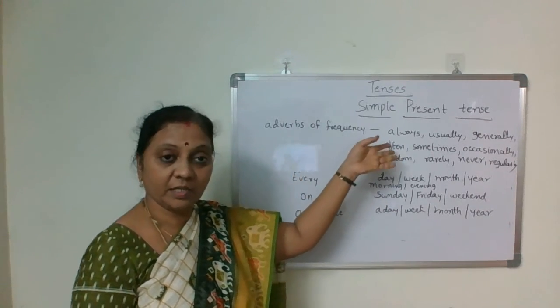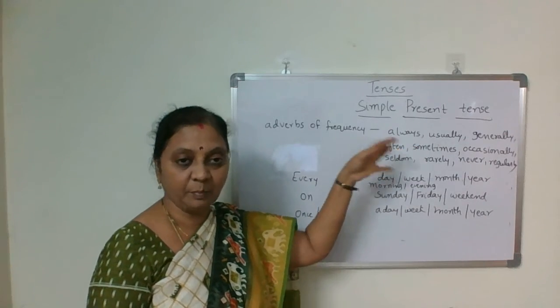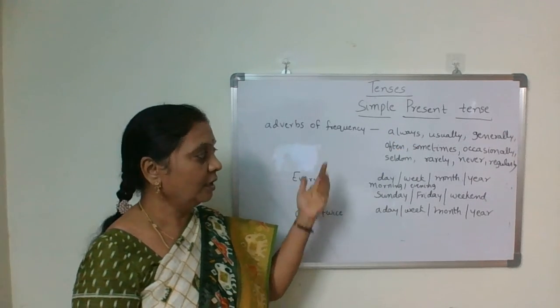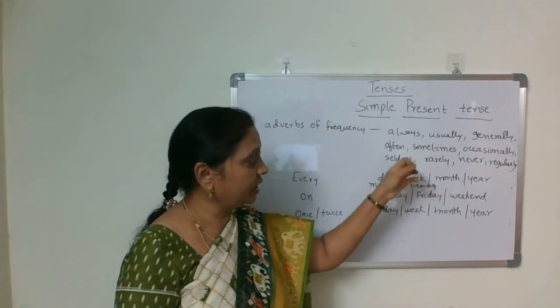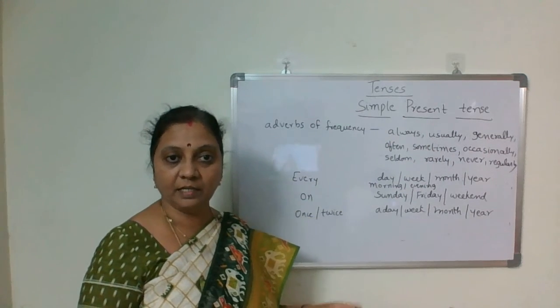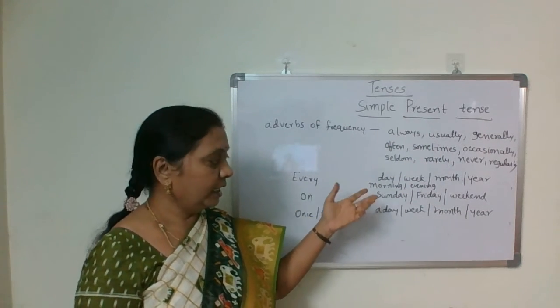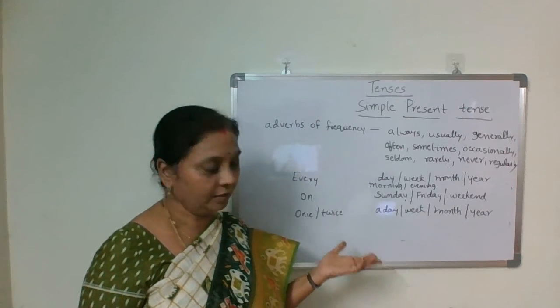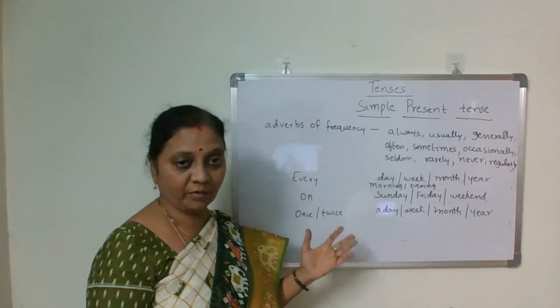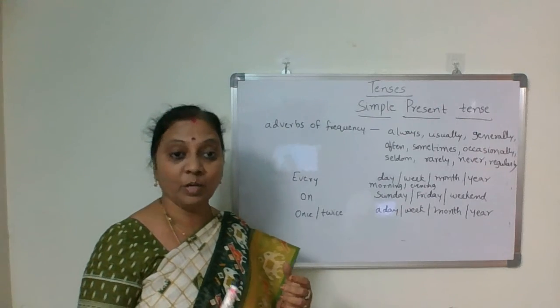In simple present we use all these words: always, usually, generally, occasionally, regularly, never. Okay, and every day, every morning, or on Sunday, on Friday, or once a day, once a week, once a year.